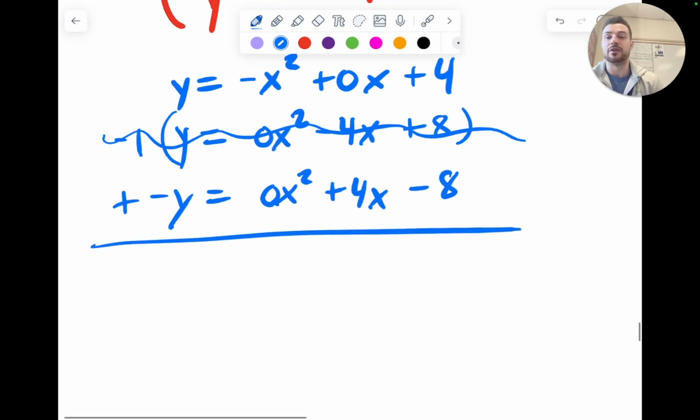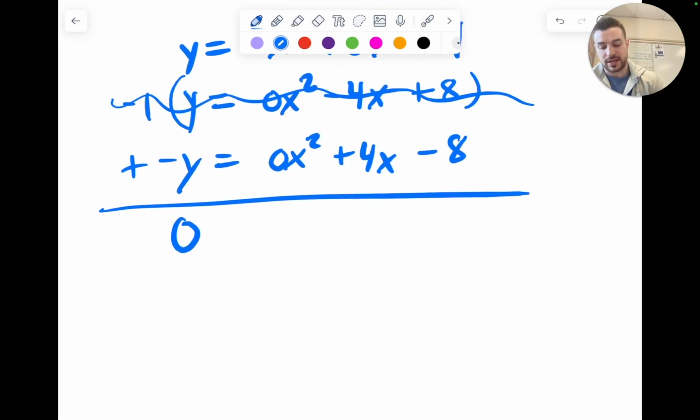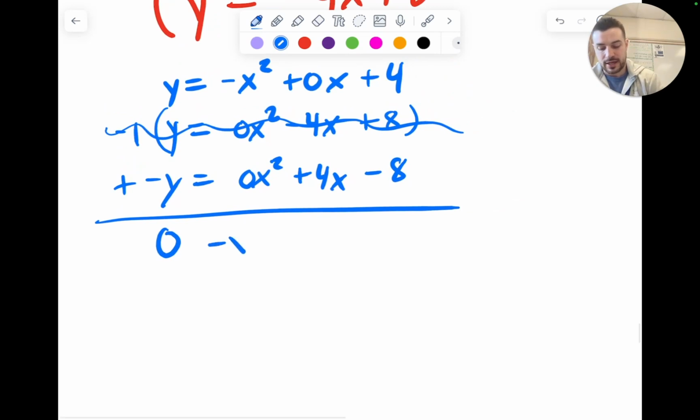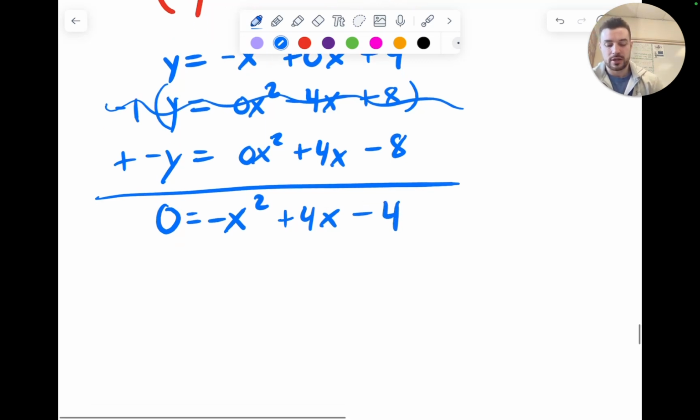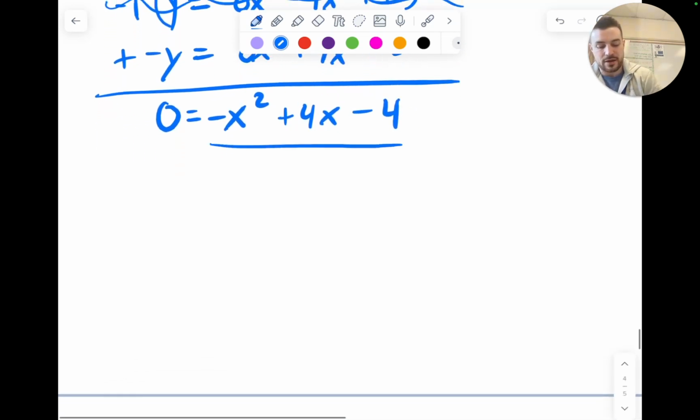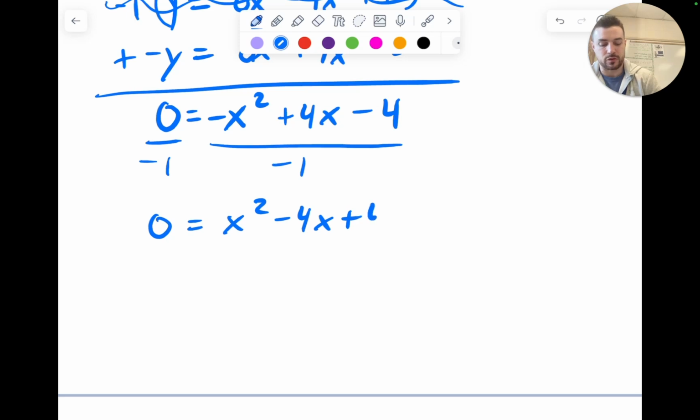So if I add those two equations together, my y's cancel. I will get negative x squared plus 4x minus 4. I can divide by -1 first to get 0 equals x squared minus 4x plus 4. And this is going to factor into x minus 2 times x minus 2.